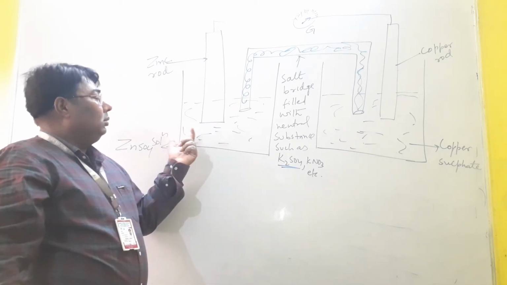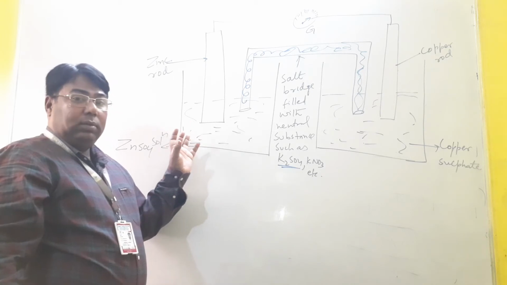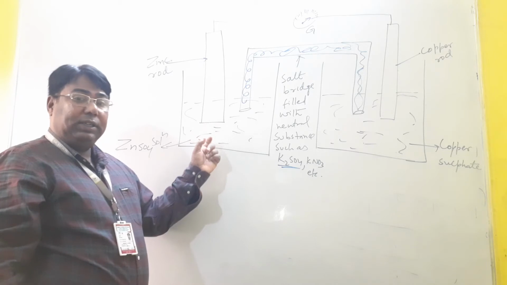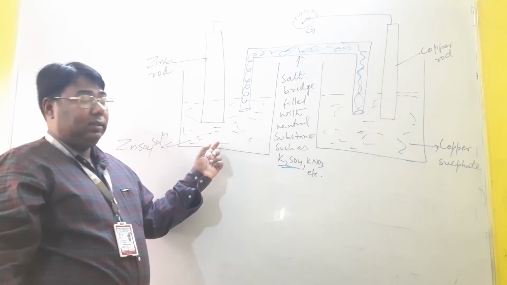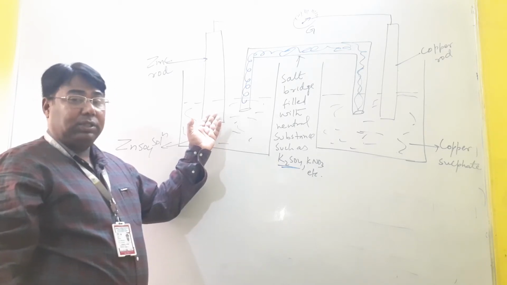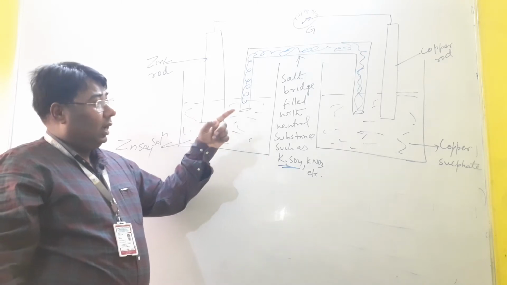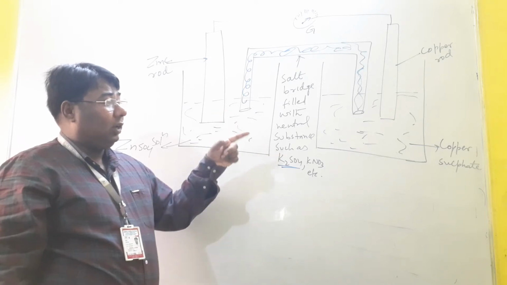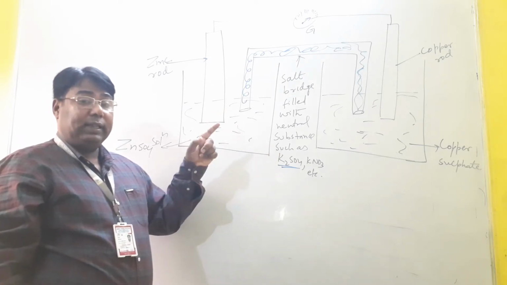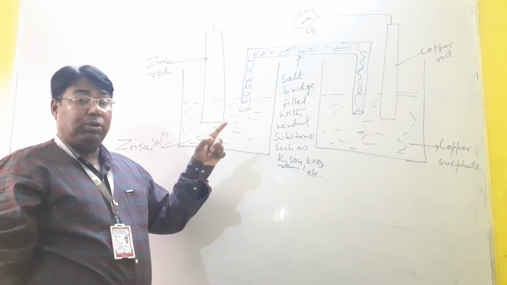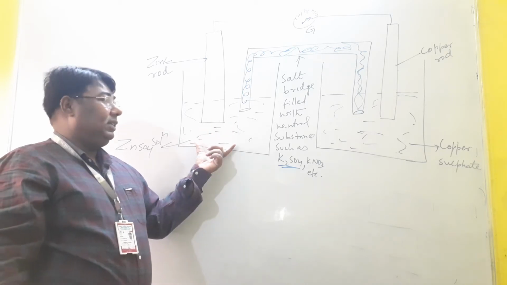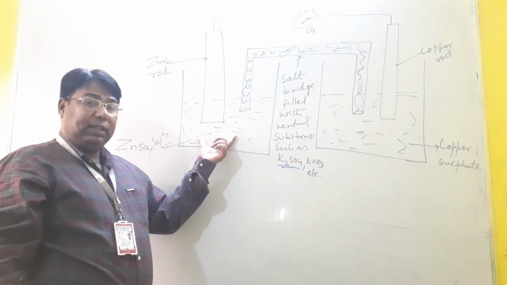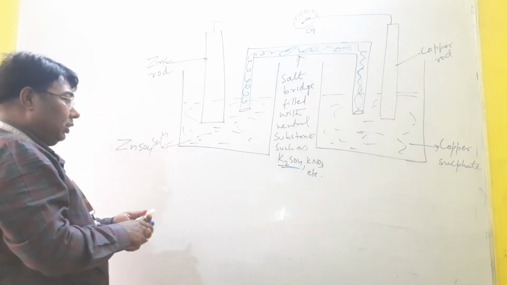Now, in the cell, the half cell containing the zinc rod and its electrolyte acts as anode because oxidation takes place here. The half cell containing the copper rod and its electrolyte acts as cathode because reduction takes place. So it is also said to be the oxidation half cell, and this one is the reduction half cell.